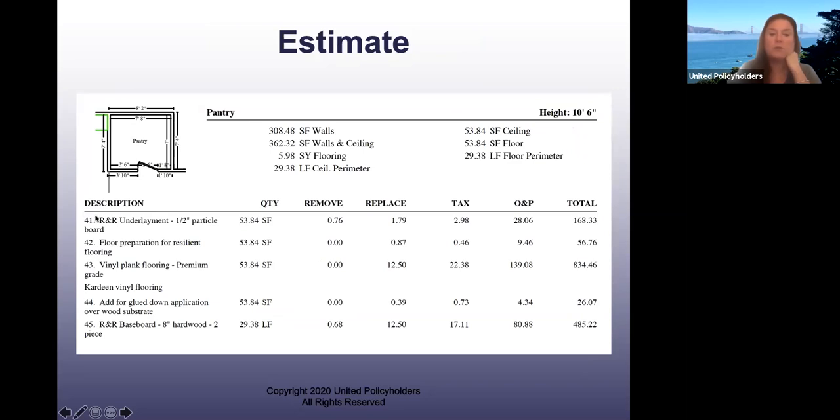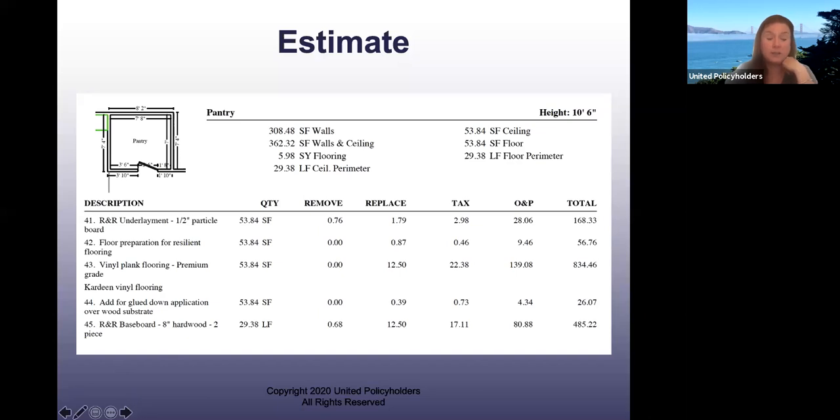And right now we're only talking about the descriptions and quantities. We're not talking about the amounts. So once you feel confident that this estimate reflects the home you lost, then you can move on to pricing, okay? I think it's really interesting to see an estimate move based on correction of the scope.